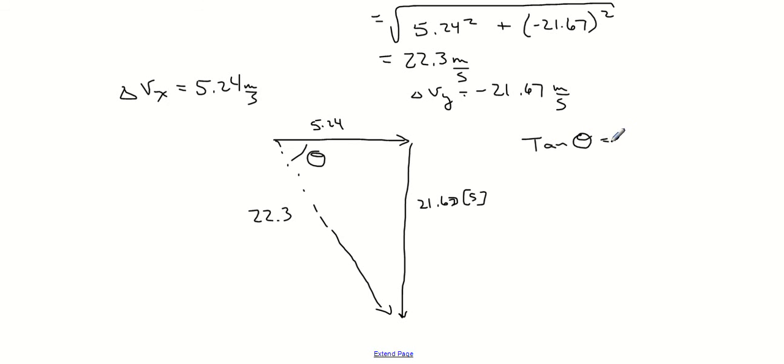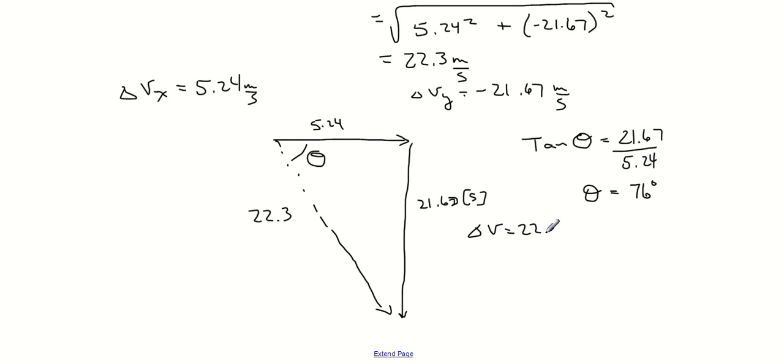So in this case, we can say tan theta is equal to, as we remember, opposite over adjacent. So it's going to be 21.67 all over 5.24. And if you do that, you come up with the fact that theta is 76 degrees. Okay?